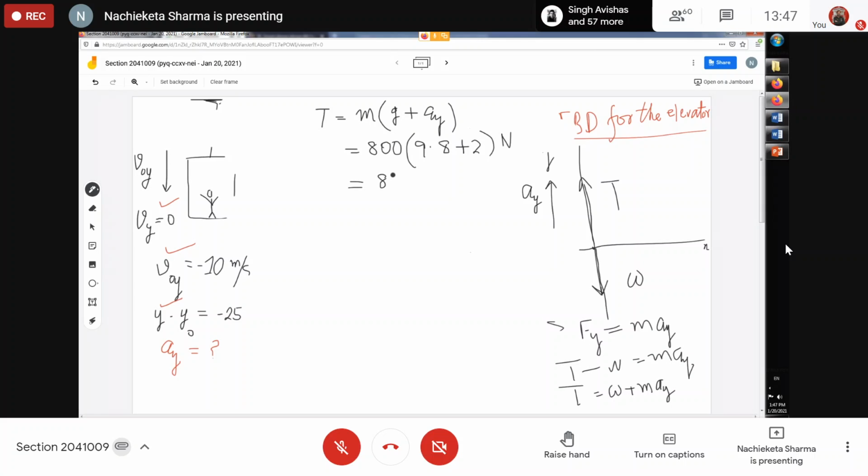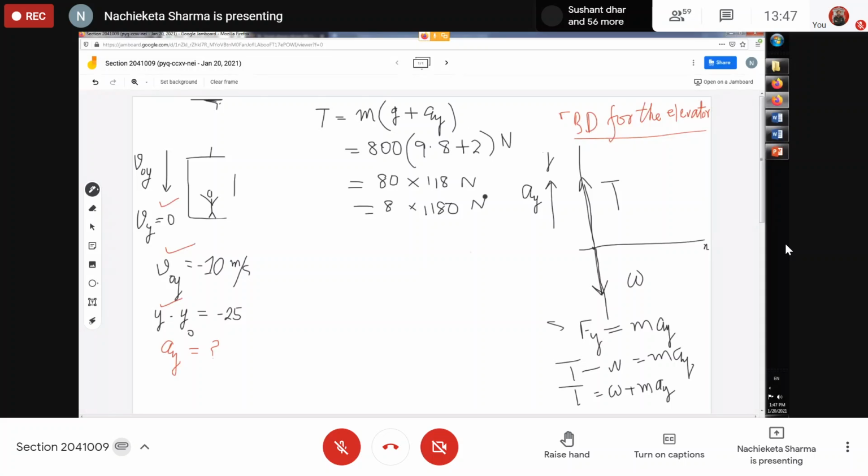So basically it will be 80 into 118 Newton, isn't it? Or if you multiply by 10, it will be 8 into 1180. 1180 Newton.